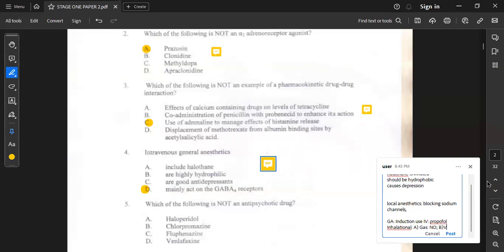But I could remind us about the contraindications of spinal anesthesia.